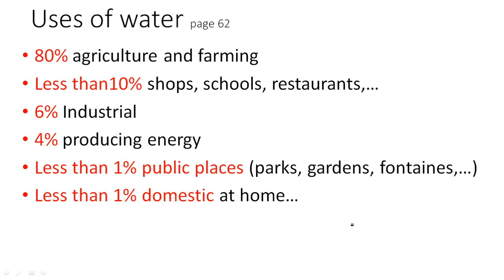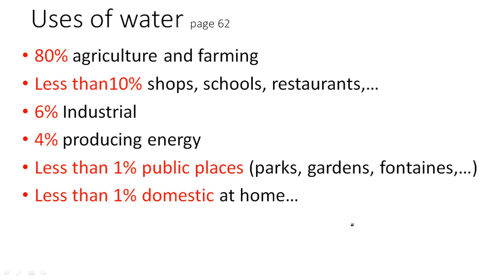So the problem is that for all of these uses, we need fresh water. And we have seen that only 3% of the water of the planet is fresh water. And most of that water is frozen in glaciers and at the poles.